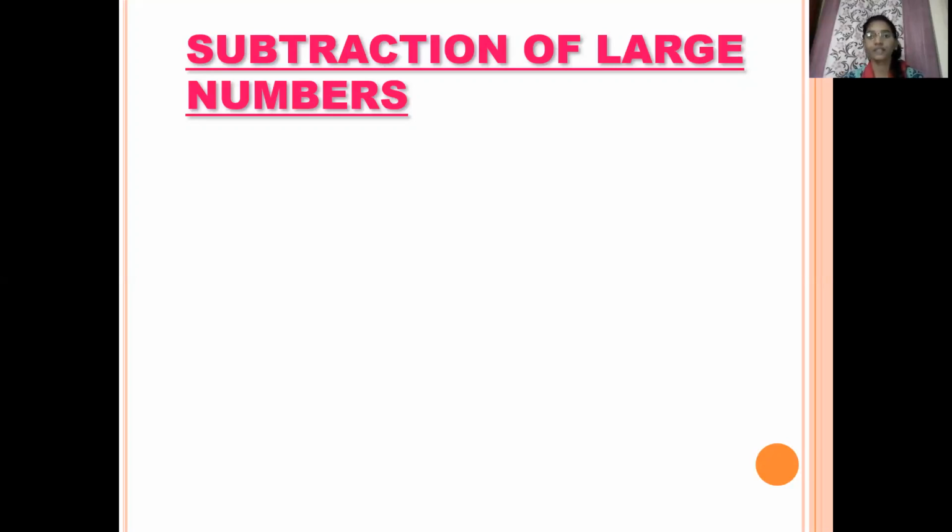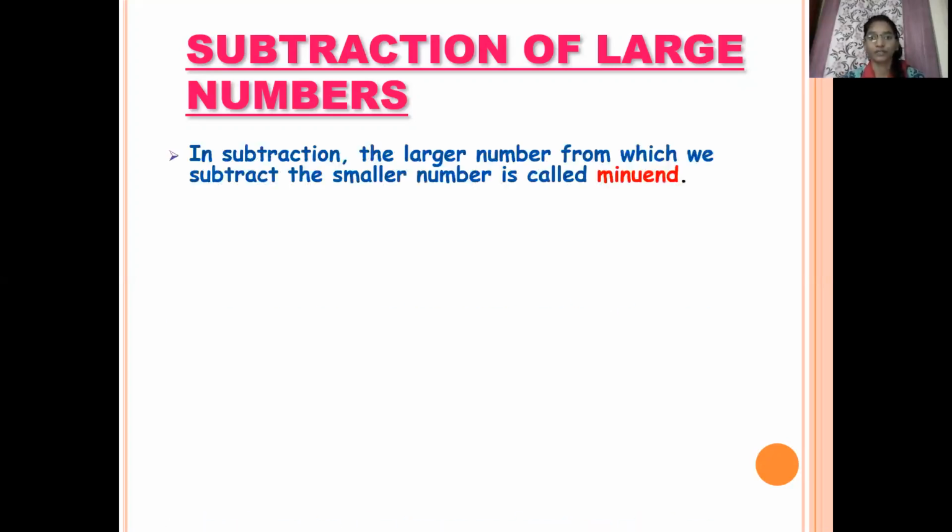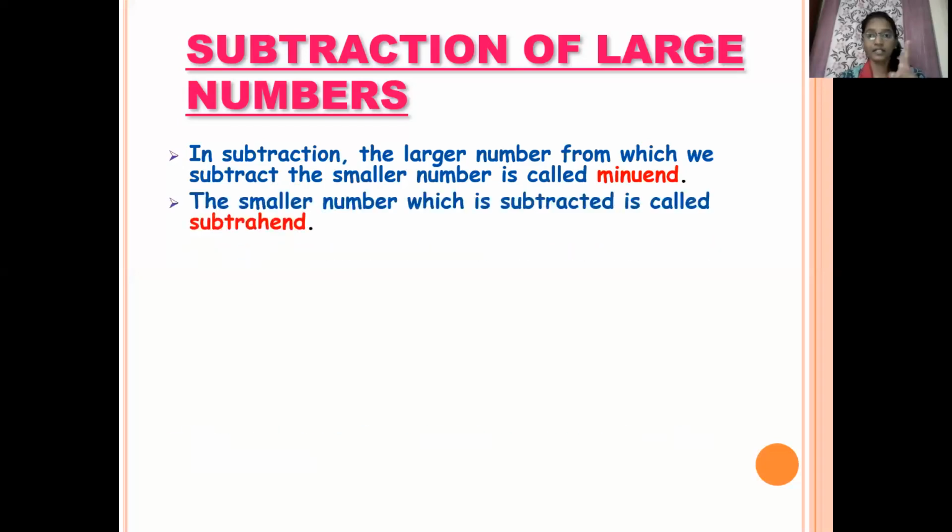So first let's see what is minuend. In subtraction, the larger number from which we subtract the smaller number is called minuend. In a simple way, the number from which another number is to be subtracted is called minuend. M-I-N-U-E-N-D. Then the second term, as I told you, is subtrahend.